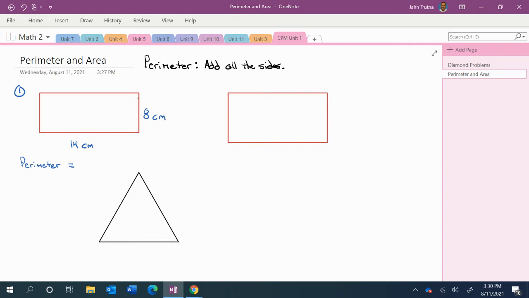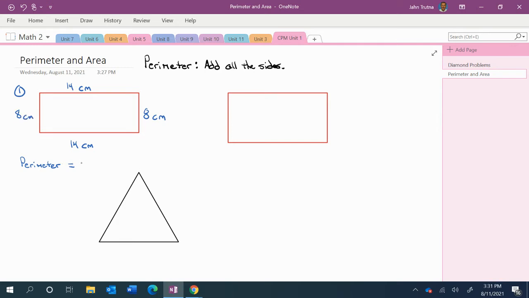We surely know that the right side is 8, but I don't know how long the top is, and I don't know how long the left side is. But remember, I told you that the shape is a rectangle, which would mean that the sides opposite of each other are going to be the same length. So that means if the bottom is 14 centimeters, the top has to be 14 centimeters. That means if the right side is 8 centimeters, that means the left side also has to be 8 centimeters.